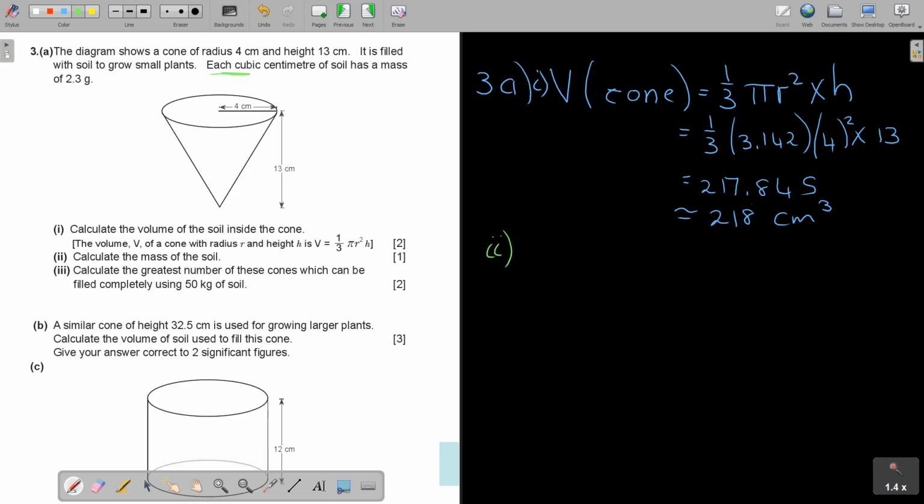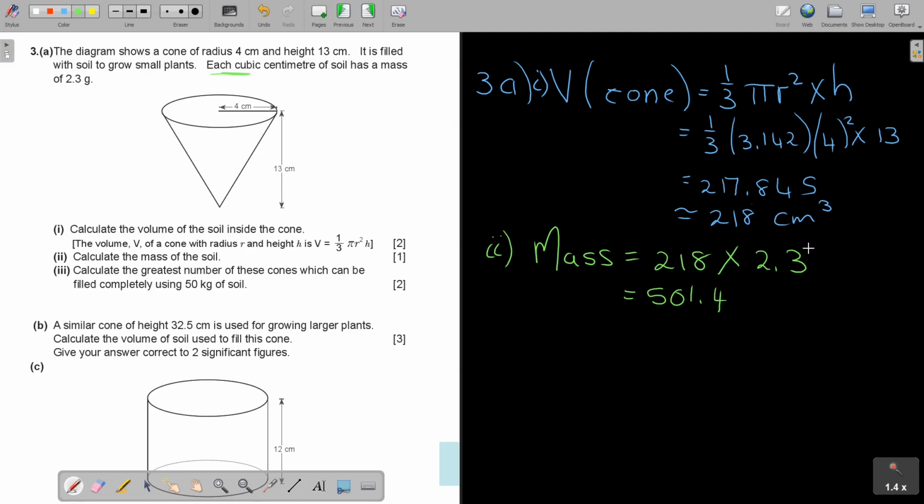So I'm just going to take the total volume and multiply it with the mass of one cubic centimeter, which is 2.3. So then I say 218 multiplied by 2.3, and I'm getting 501.4.